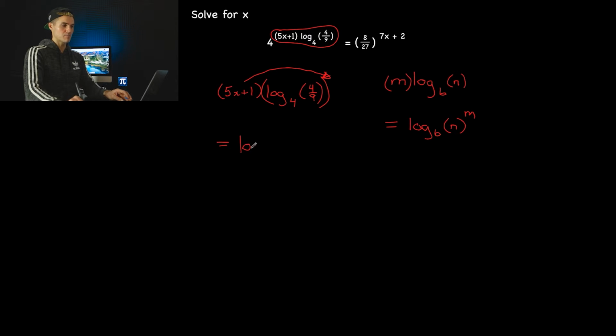So I'll have log base 4, and then let's maybe put square brackets here. It's going to be 4 over 9 to the power of 5x plus 1, like that, right? So all I did was I took this 5x plus 1, brought it to the exponent, like that.